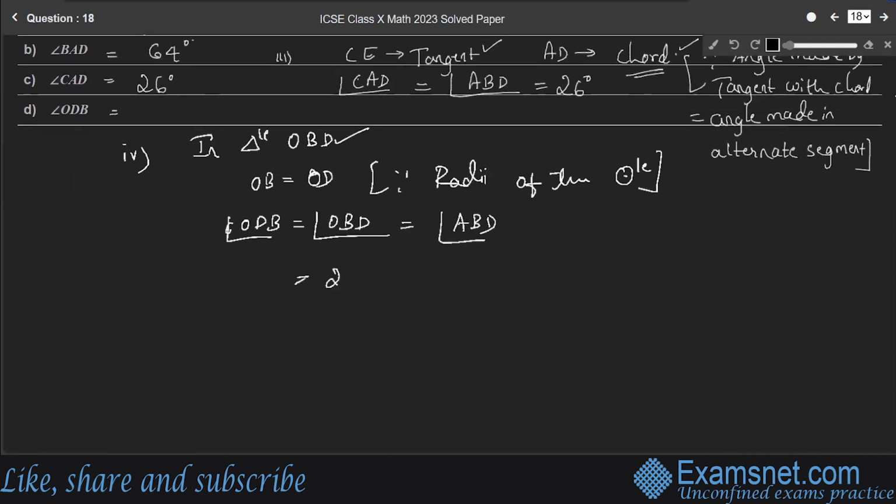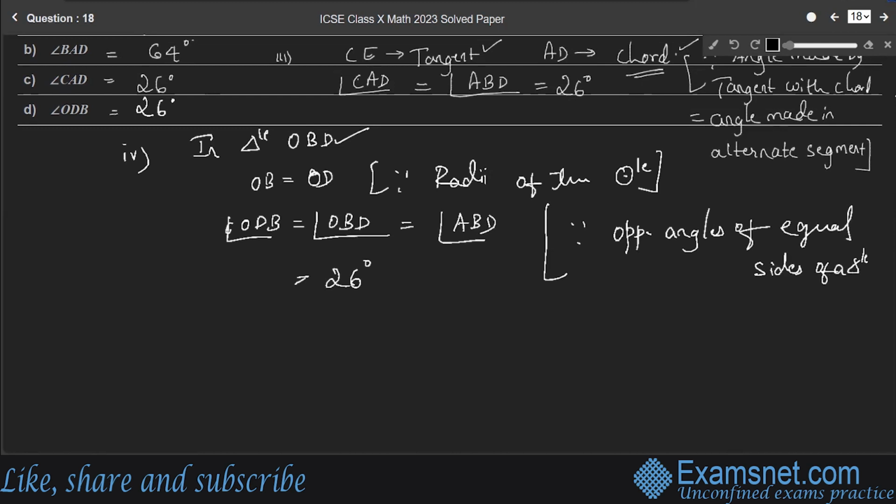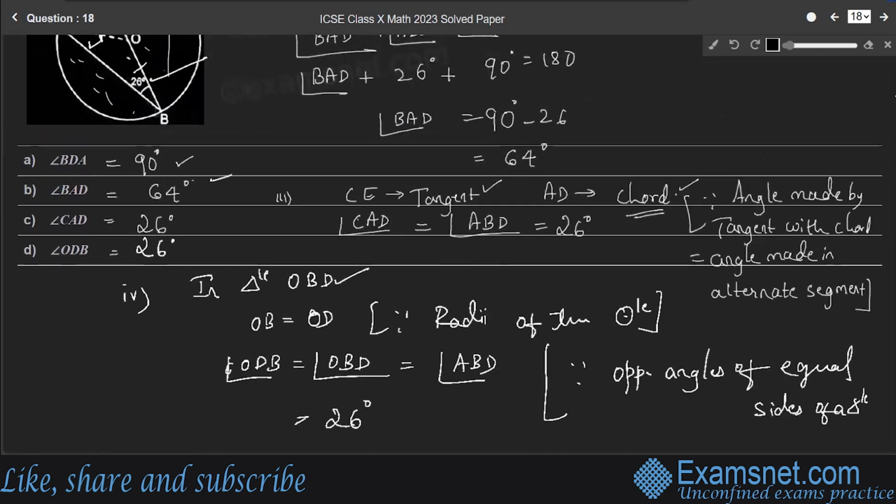Therefore, ODB is 26 degrees. The reason is opposite angles of equal sides of a triangle are equal. Therefore, the angles are 90 degrees, 64 degrees, 26 degrees and 26 degrees respectively.